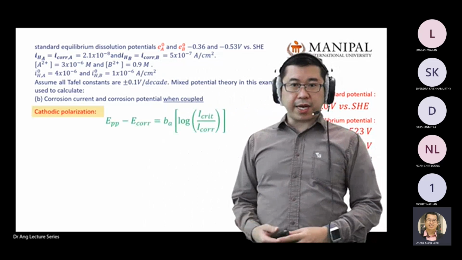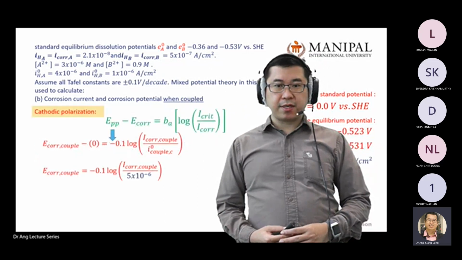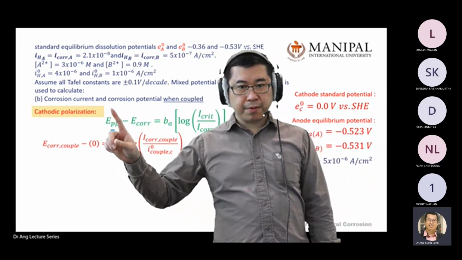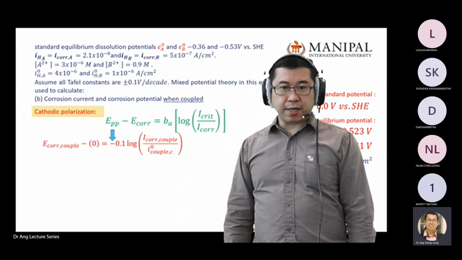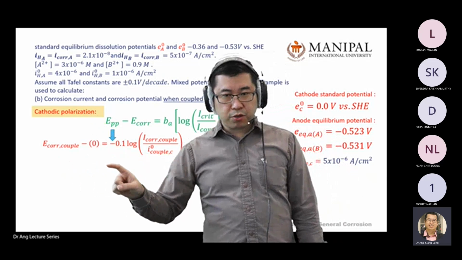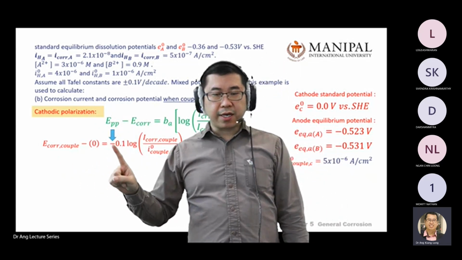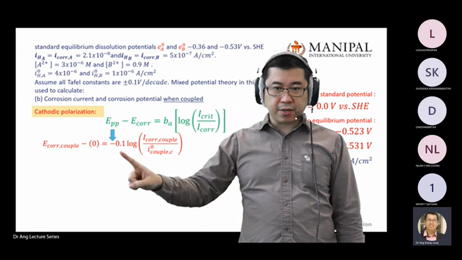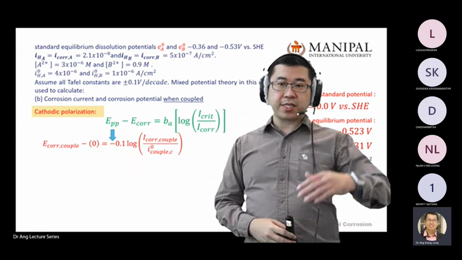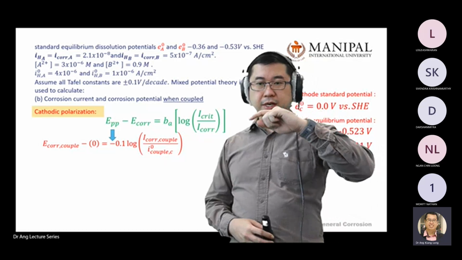Next, we look at cathodic polarization. Still the same. We look at cathodic. Use back the same understanding in section A. Again, I highlight why the Tafel constant is negative for cathodic, because cathodic is always higher nobility, and we draw the line in the E versus log I graph.